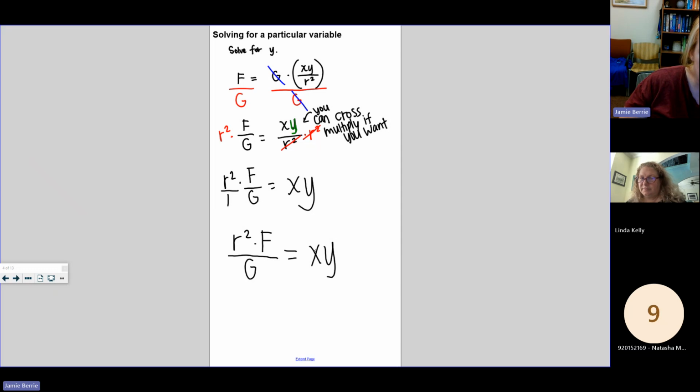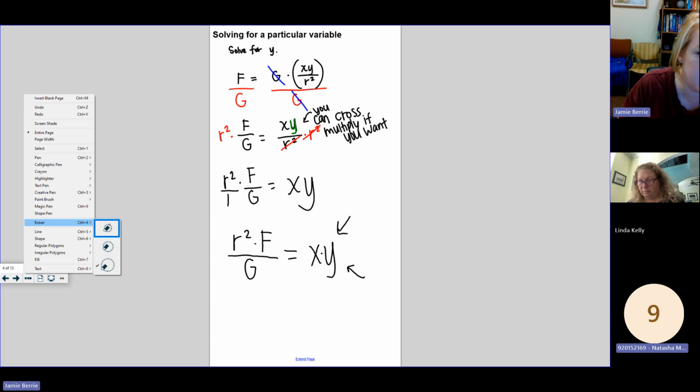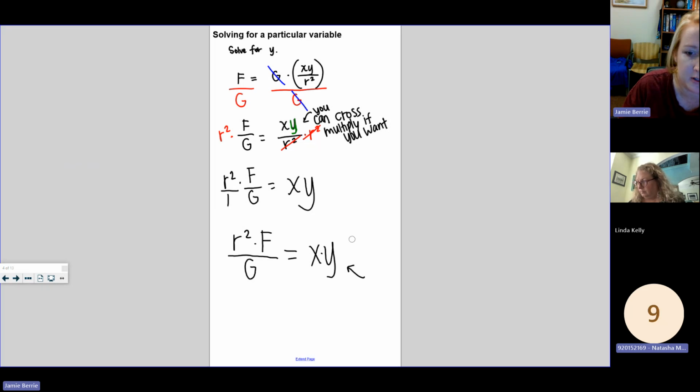Now, over here on the right-hand side, the only thing we've got going on is x times y. So you've got to get y by itself. That's what we're supposed to be doing. We've got x times y, so we do the opposite operation. Right now it's being multiplied, so we're going to divide. Now, on the activity, you're trying to get x by itself, so you would divide both sides by y. But here, we're asked to get y by itself.